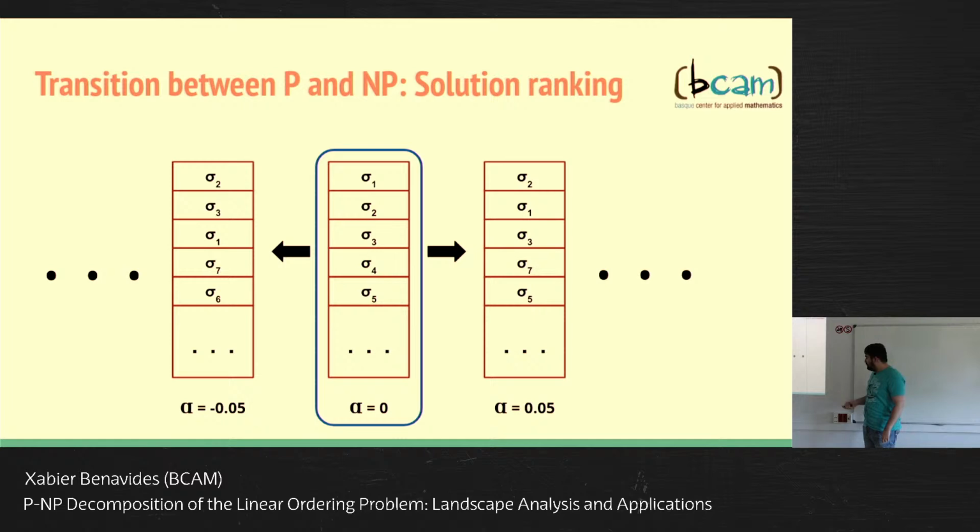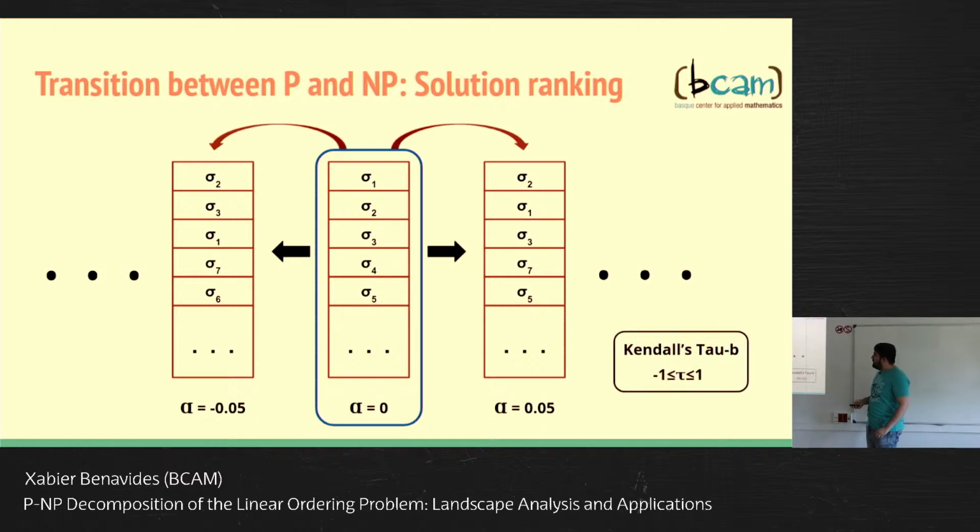Okay? So what we can do now is to compare all these rankings by computing the similarity or the ranking correlation between the rankings of all the modified instances and the original instance.